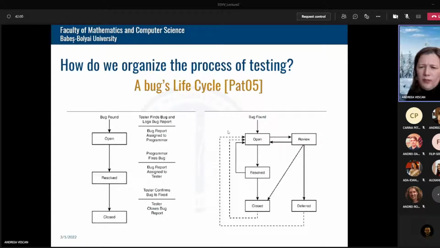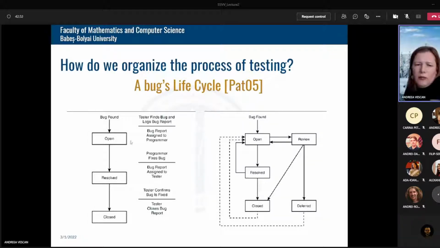And there is also another more complex scheme in which from resolved, it could go again to open, maybe because the tester found that the same bug could still be reproduced in other, similar contexts, and so on. Or maybe you can go from review to deferred because it's not worth fixing the bug, or maybe after the review you just close it because it's not a bug, it's a feature, right?